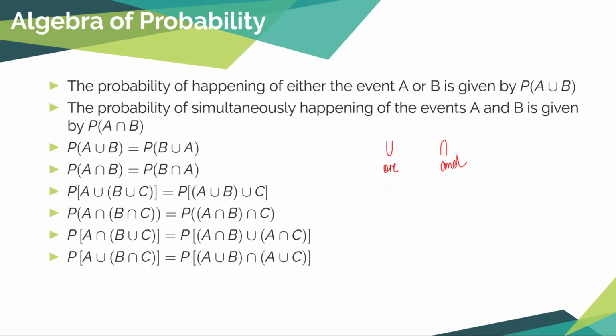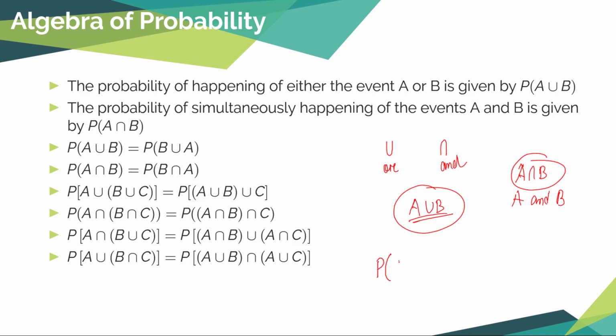For example, if I write A union B, I am talking about the event A or the event B. If any one of them happens, it satisfies A union B. But when I write A intersection B, it means A and B. Both the events A and B should happen so that A intersection B is satisfied.